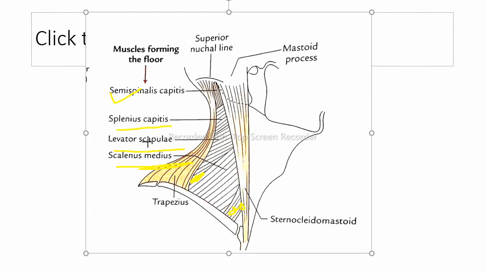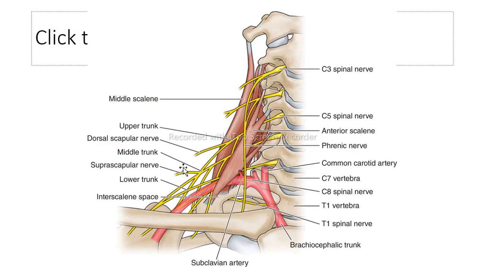So the levator scapulae is attached to the medial border of the scapula. The scalenus anterior and scalenus medius muscles attach to the first rib. So here we can see this one is the scalenus anterior muscle.